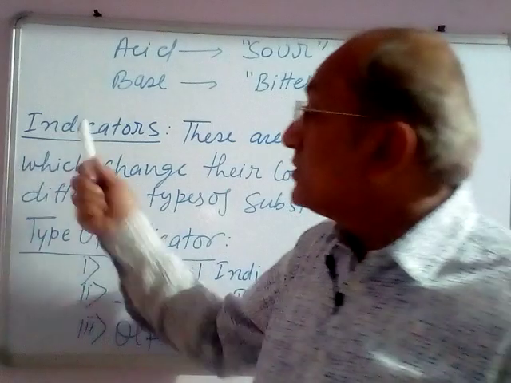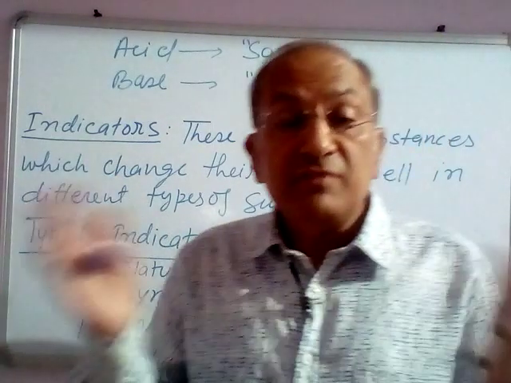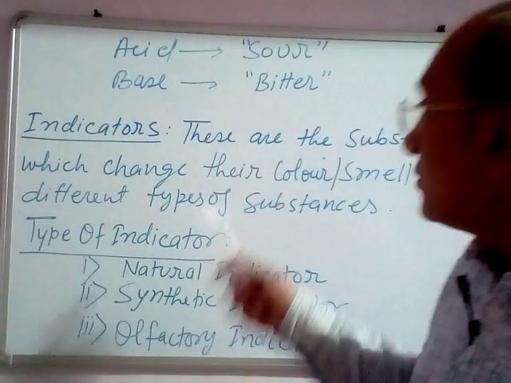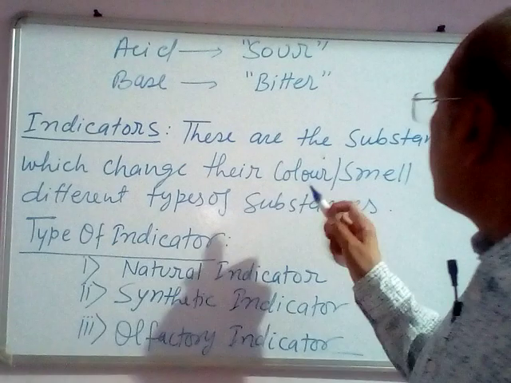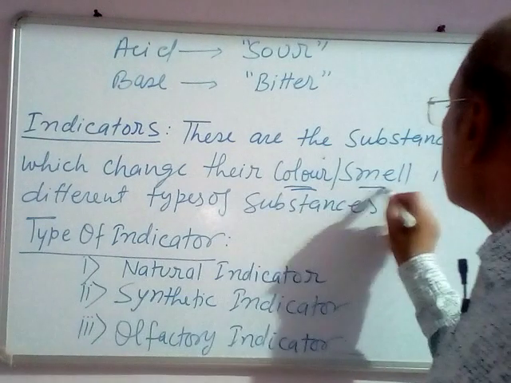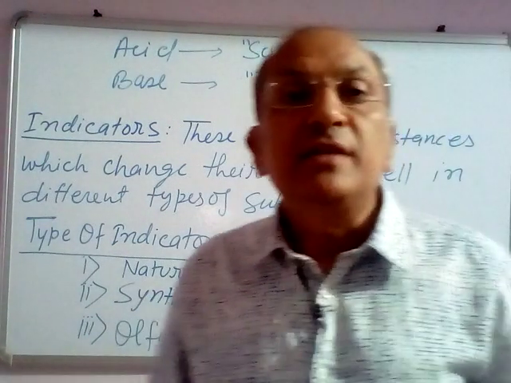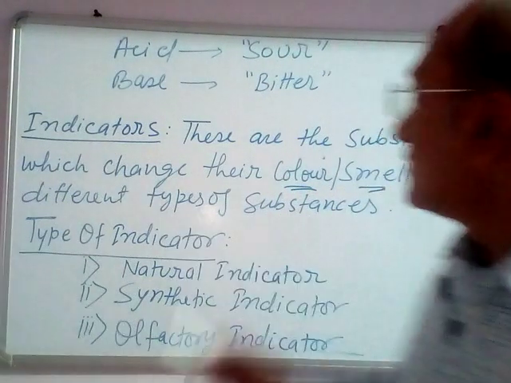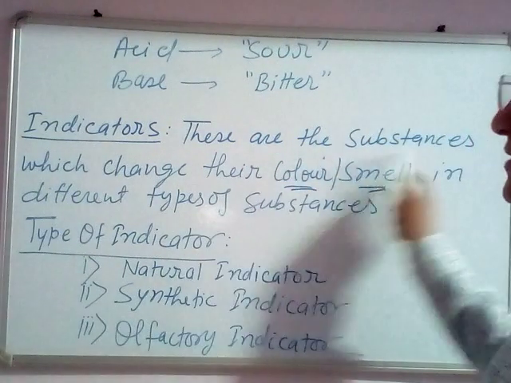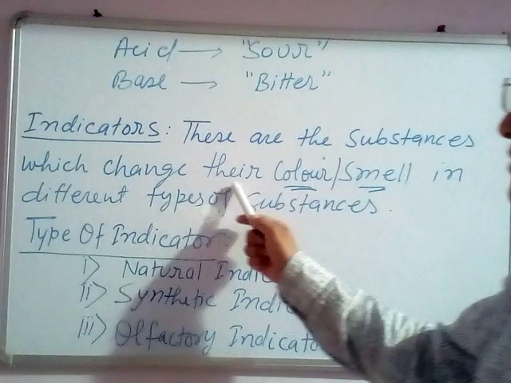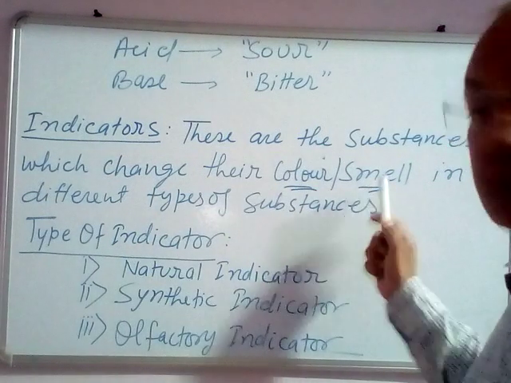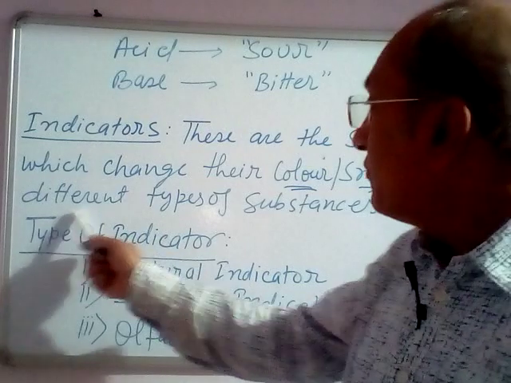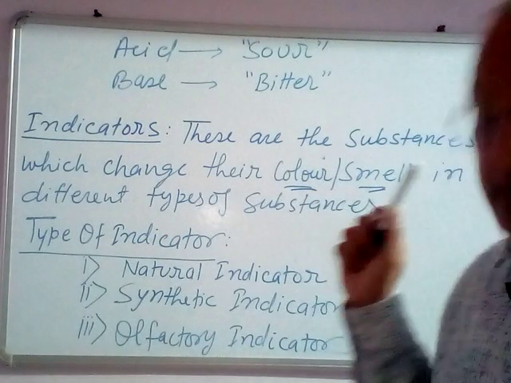So we use indicators, which are very useful, because through colors and smell they show whether it is an acid or a base. Indicators are substances which change their color or smell in different types of substances.